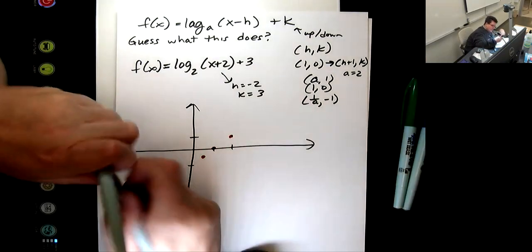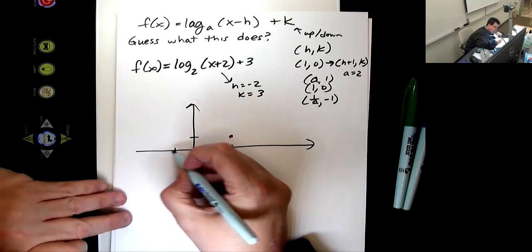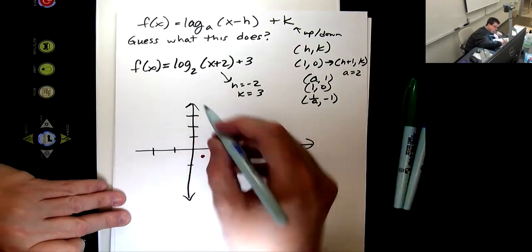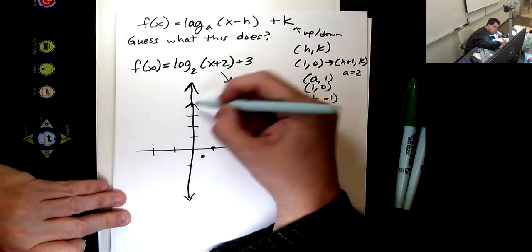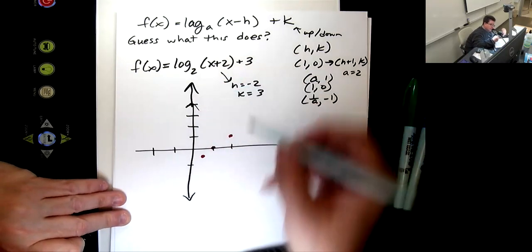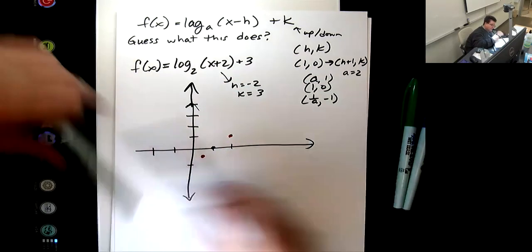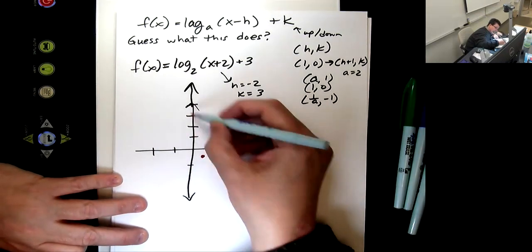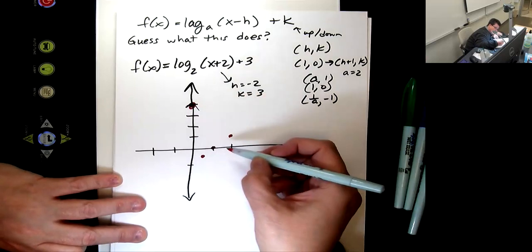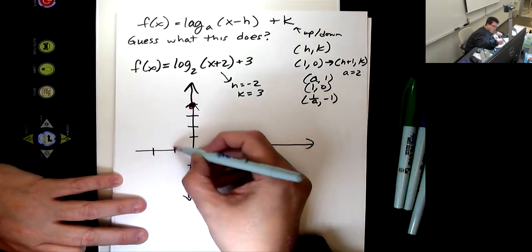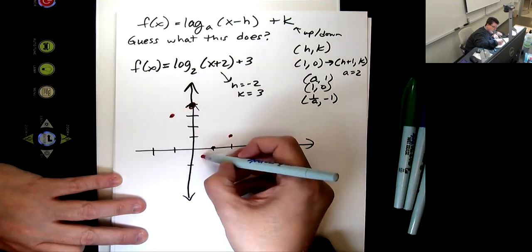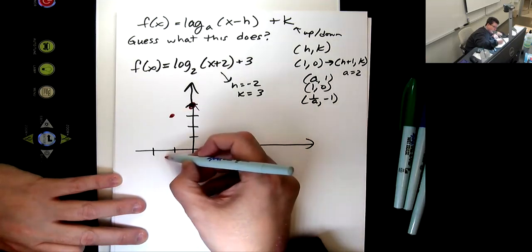These all get shifted left negative 2, and they're gonna go up 3, which makes me feel like I should have done a better job drawing this graph. This point is gonna go left 2 and up 3. This point is gonna go left 2 and up 3. And this point is gonna go left 2, up 3.